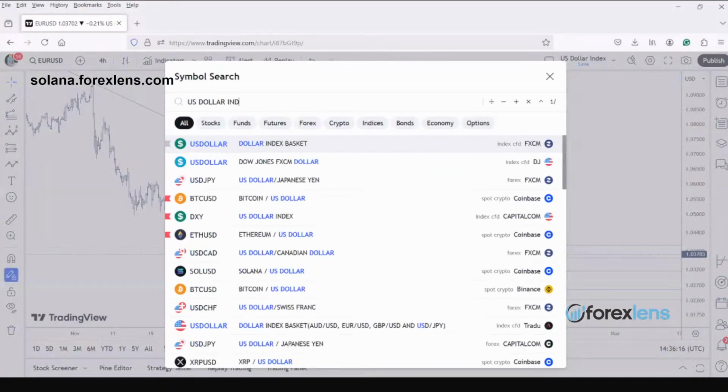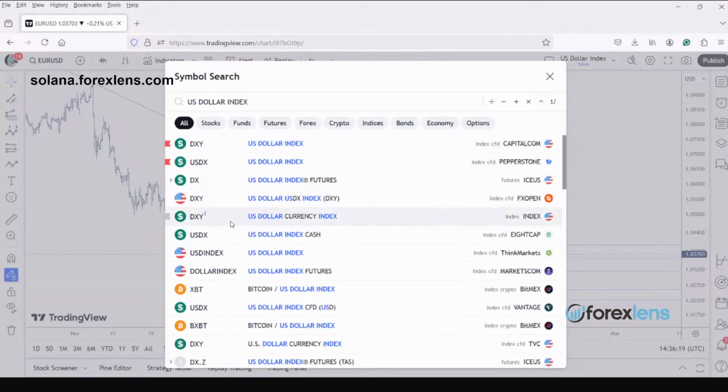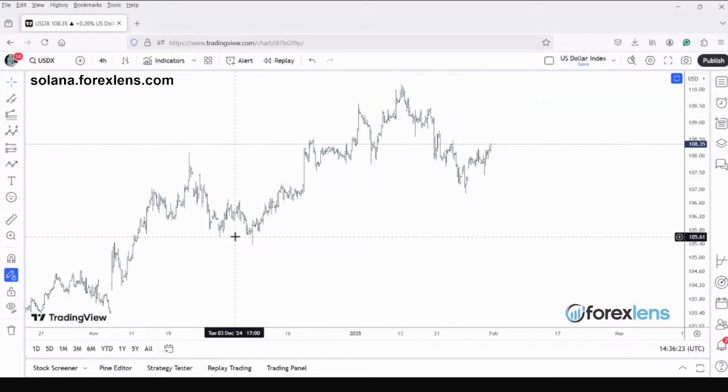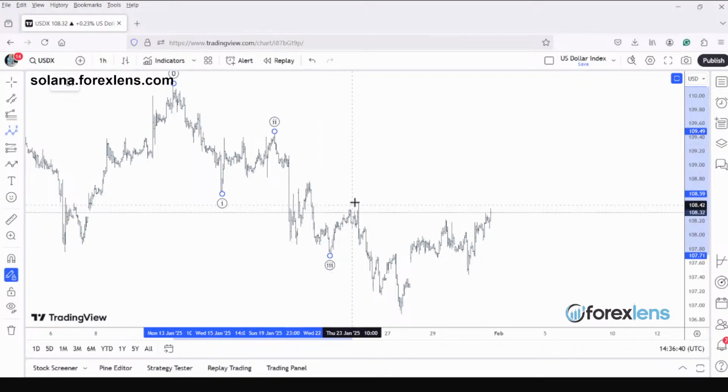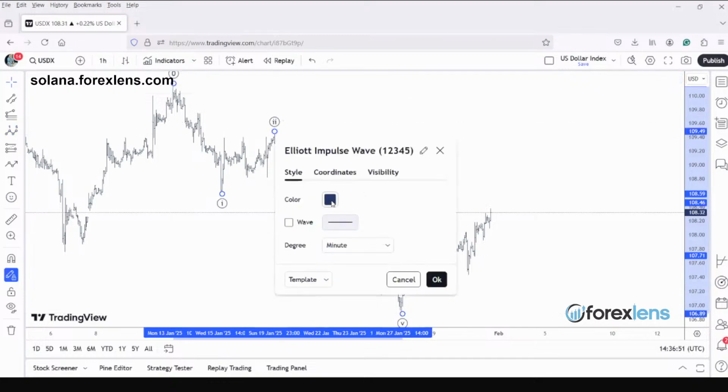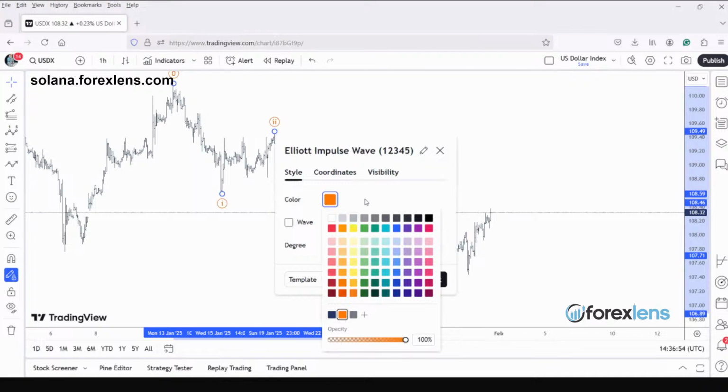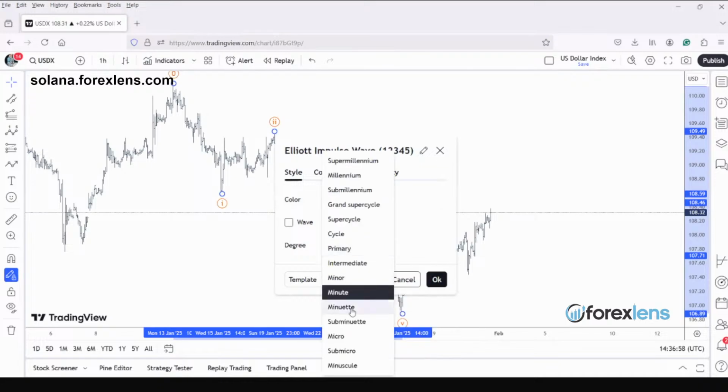Looking at the dollar index. Okay, I need to just quickly do the waves again. The degree has to be changed. All right.